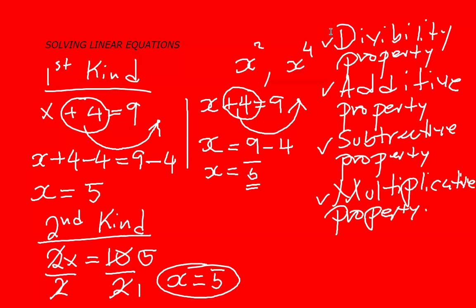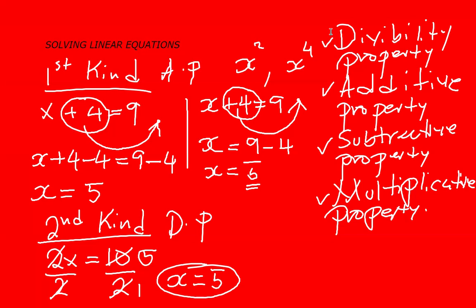So there are 4 very important properties that you need to take into account. So far, in the first kind, you could use the additive property or subtractive property to move the integer from one side to the other side. Now, this is the divisibility property. And this is the additive property.